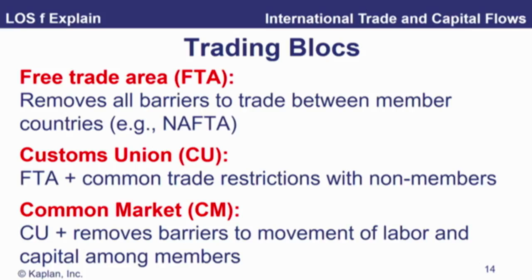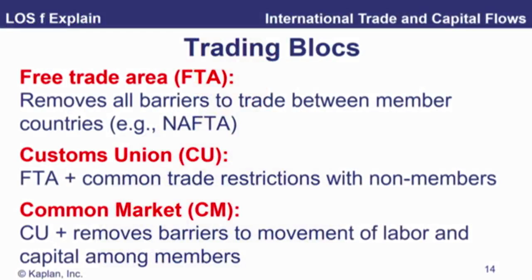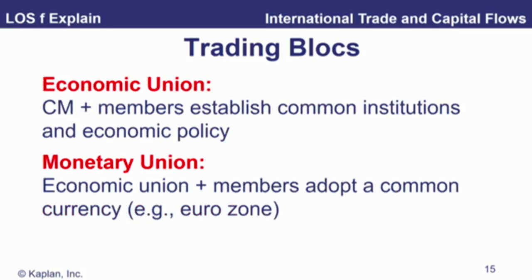Customs union. So you take your free trade area and you add in restrictions with non-members. So you build a wall, if you like, around your free trade area. Common market, another step forward. So you've built your free trade area, you've put a wall around it, and you allow free movement of labor and capital between your members. Then we can go on another step and form an economic union.